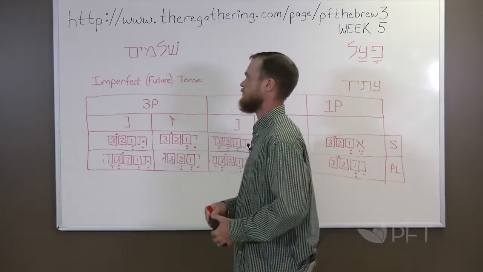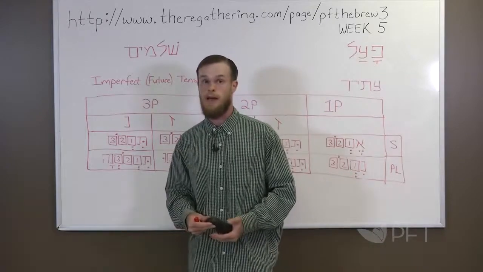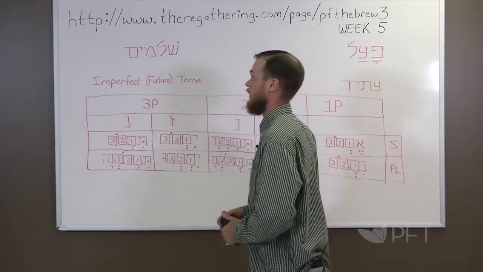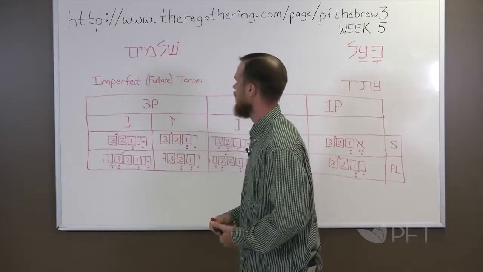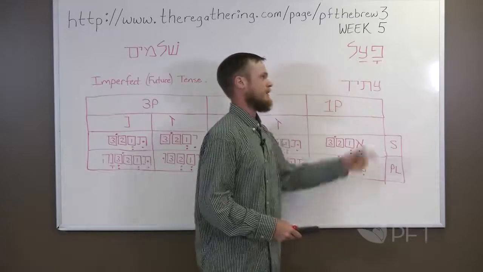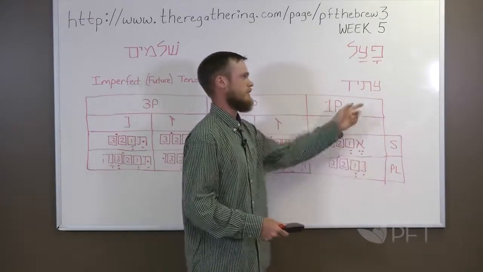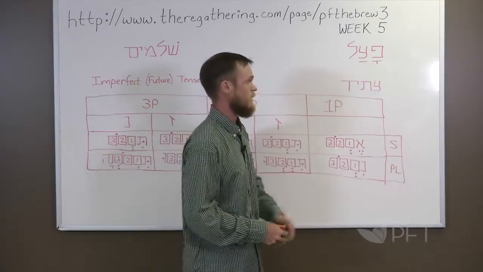I'll prefer past and future so that you don't think I'm saying imperfect when I mean perfect. So I'm going to call this the future tense, but just be aware that that's technically not what this is. And also, the Hebrew term for future is atid, and so you will see this in Hebrew conjugation charts a lot of times to represent the future.